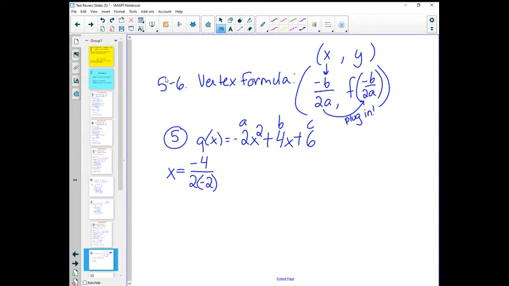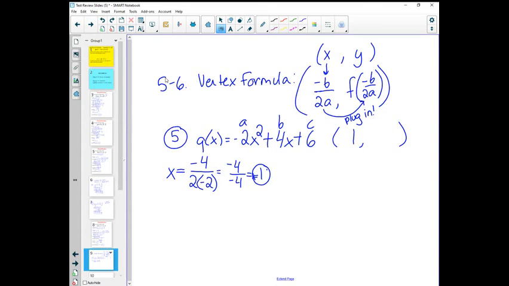Now we're just going to simplify that. 2 times -2 is -4. -4 divided by -4 is +1. So x equals +1. That's our first value in that ordered pair.